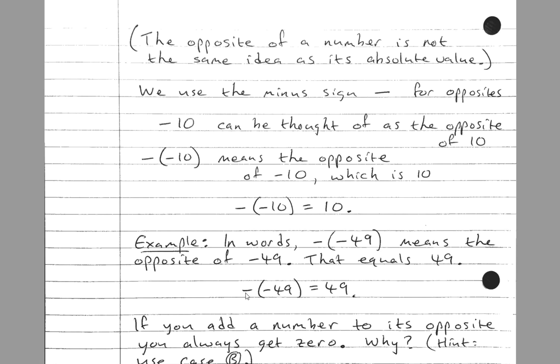The main thing to realize here is, whenever you have two negatives like this, it's like they cancel. The opposite of the opposite, it's just saying the opposite of a negative number is positive, so you lose the sign.